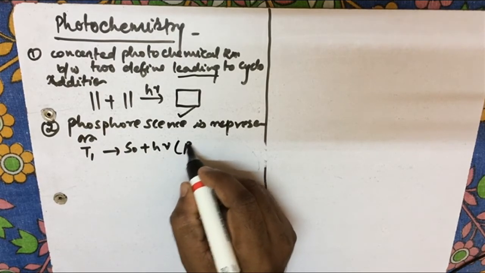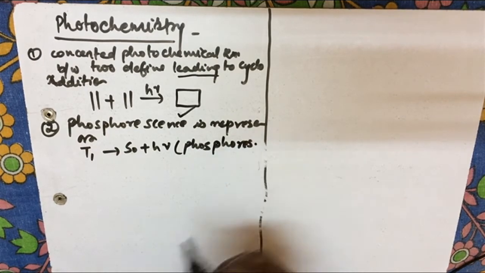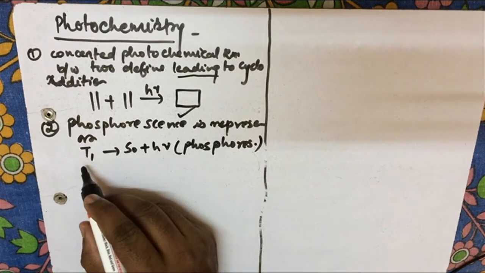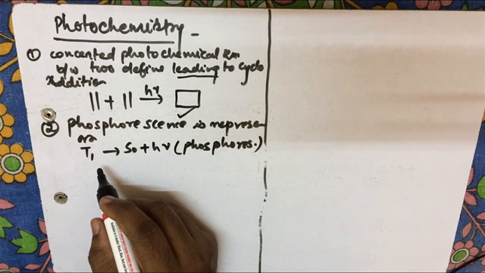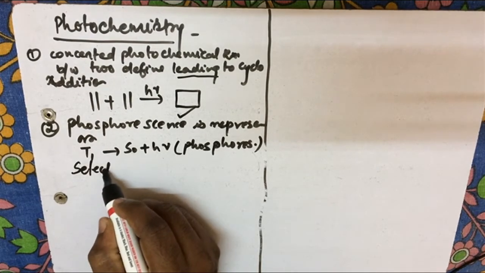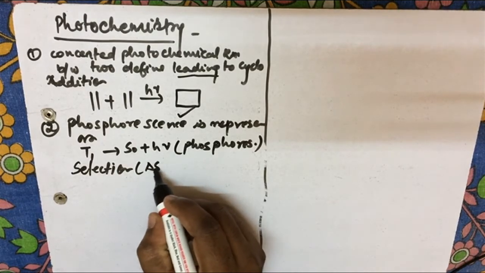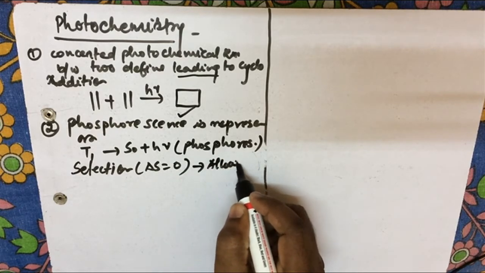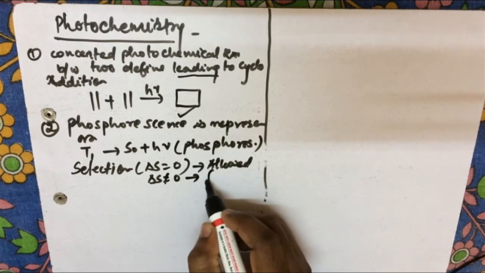So this is phosphorescence. Actually this is a forbidden transition. Why? If you remember the selection rule, it says that if the transition has delta S equal to 0, then it is an allowed transition. If it is not 0, it is forbidden.